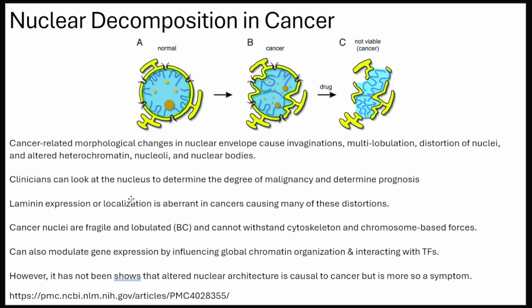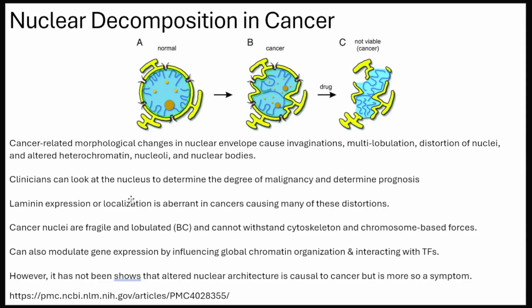Also, in cancer, the entire morphology of the nucleus is a little bit more sensitive. It's a lot more fragile. There are invaginations, multilobulations, distortion in the whole structure of the nuclei, and a lot of fluctuations in the actual nucleolus or other nuclear bodies.